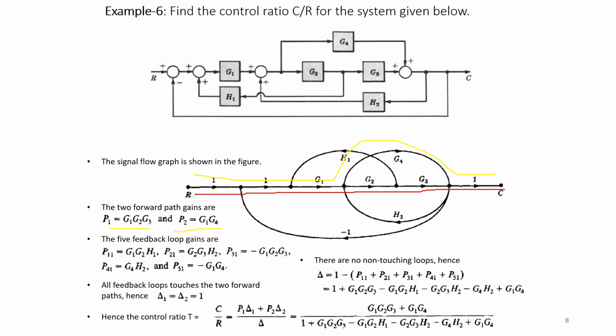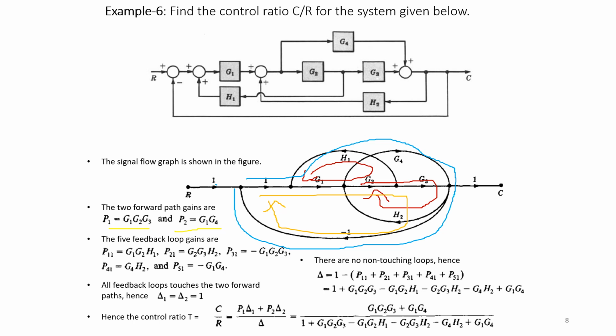Now coming to loops, here we have one simple loop. This is L1. Another loop is this one, L2, and one more loop is this one. Okay, now one more loop I can take like this, take the second forward path, and this becomes one more loop.